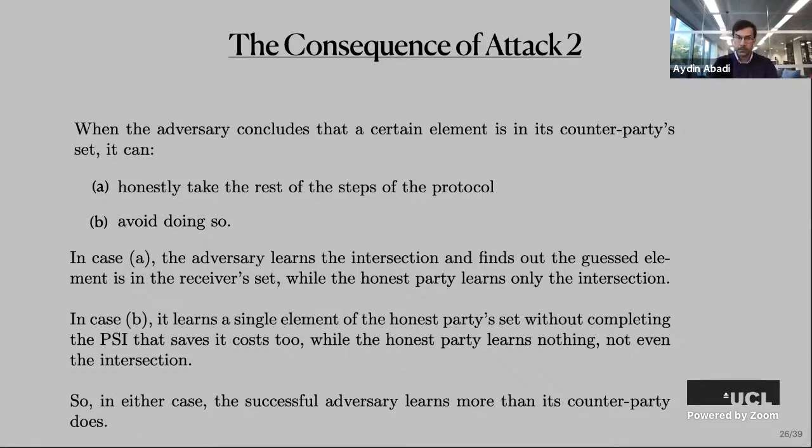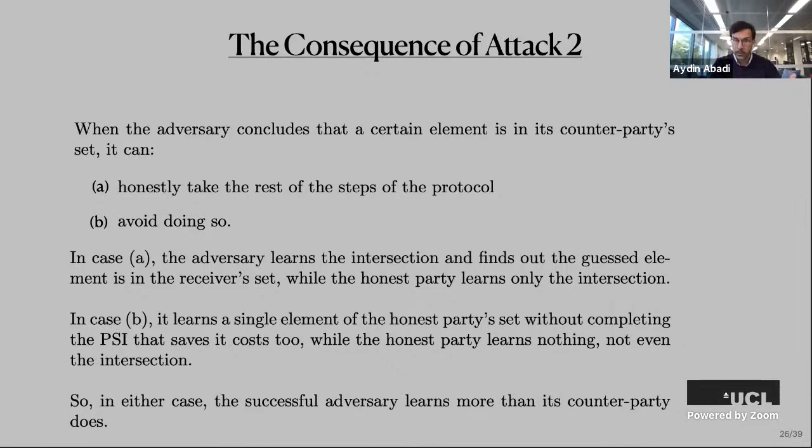So in case 1, the adversary learns the intersection and finds whether the element it guessed is in its counterparty's set. In the second one, it learns only that element without learning the results.